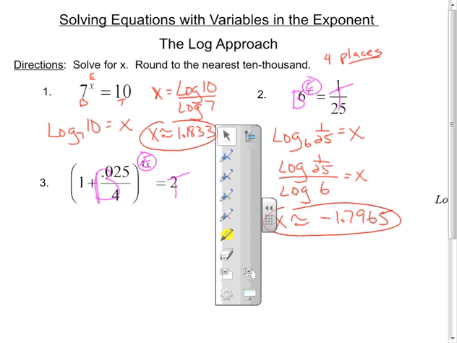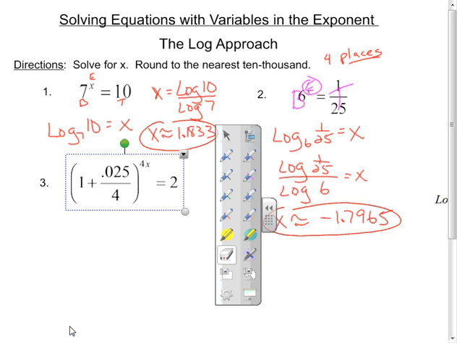Well, from here, I just need to address this from writing it in this exponential form, taking it into log form. So I'm going to write log, and the base is this ugly thing here, but I'll just write it as is, 1 plus 0.025 over 4, to get 2 equals 4x.